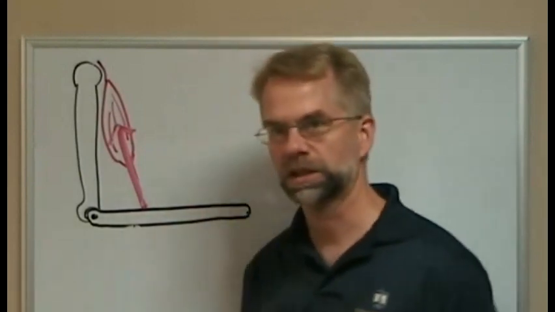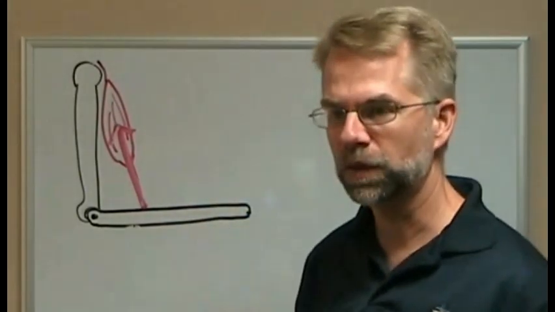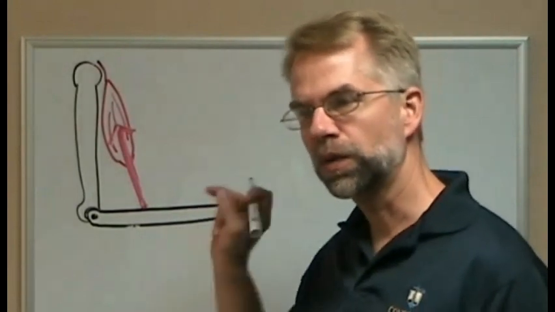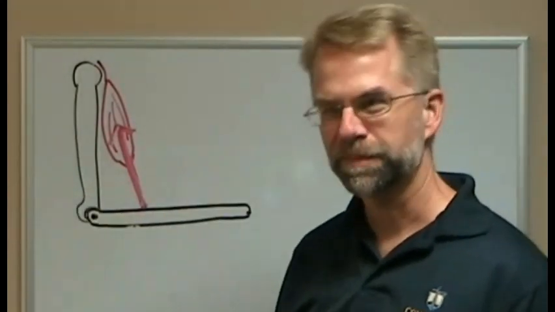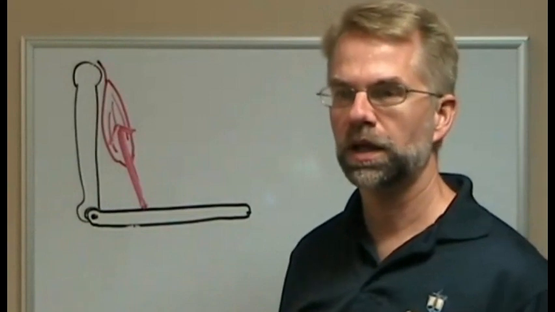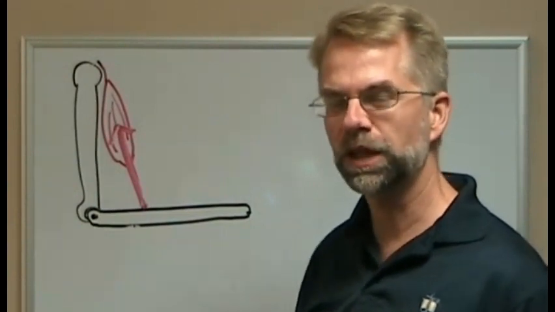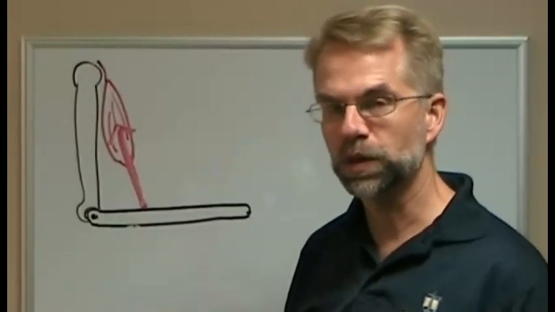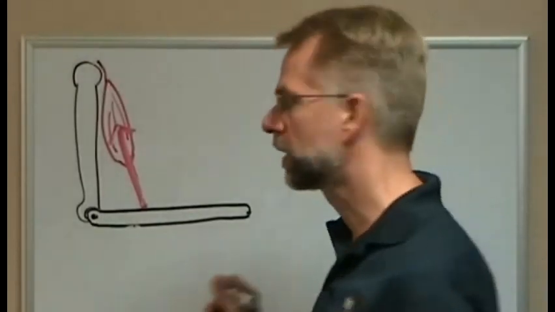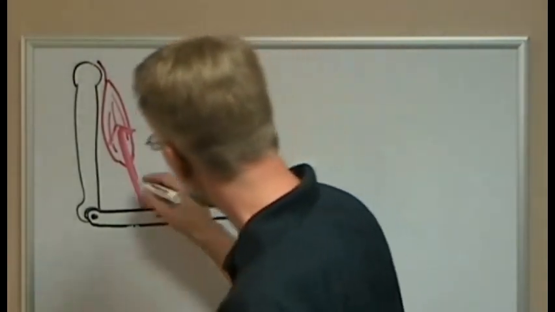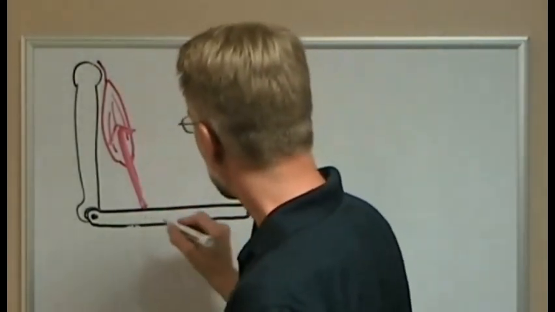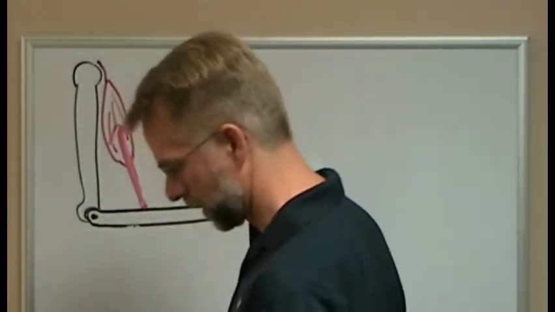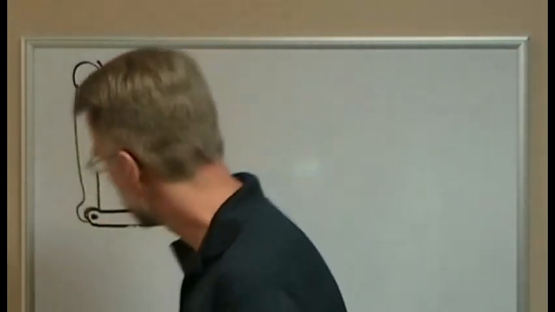I think in Newman it talks about one component of the vector always going through the long axis of the bone. And that's true, but I think it's more helpful to say it always goes through the axis of joint motion, because sometimes we're dealing with bones that aren't all that long, and then it can get a little confusing.